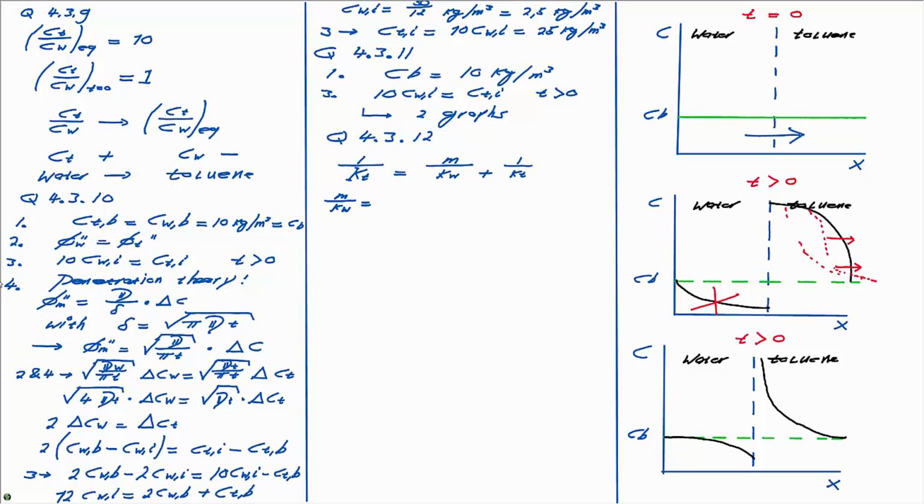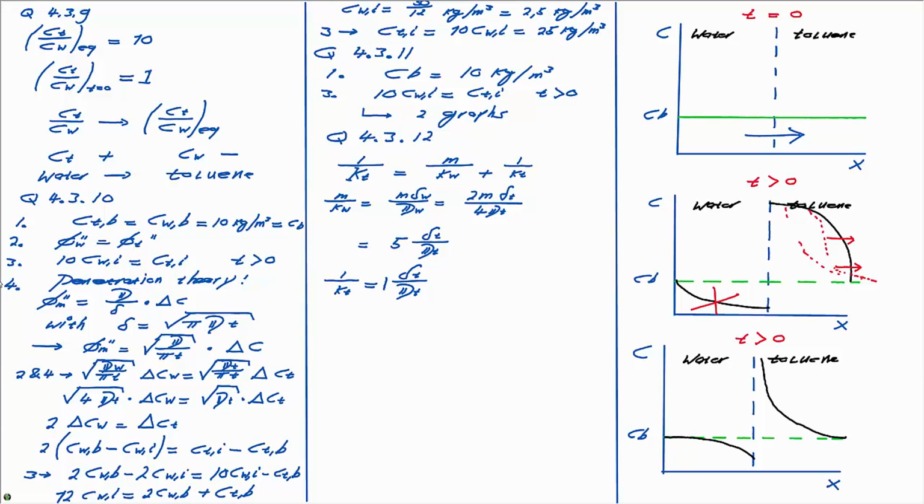m over kW is equal to m times delta W divided by DW, and this is equal to 2m delta T divided by 4 DT, where we have used the relations between DW and DT, and then this is equal to delta T divided by DT times 5. 1 over kT is equal to delta T over DT.